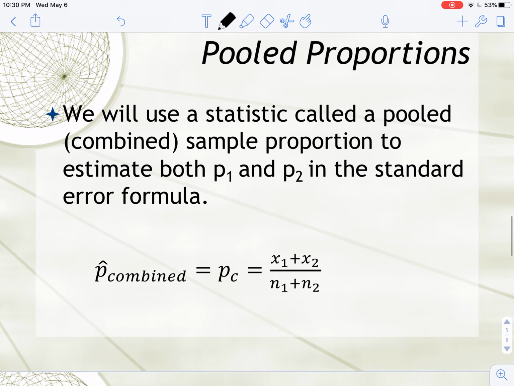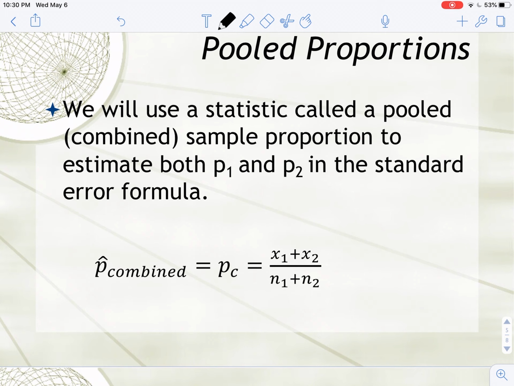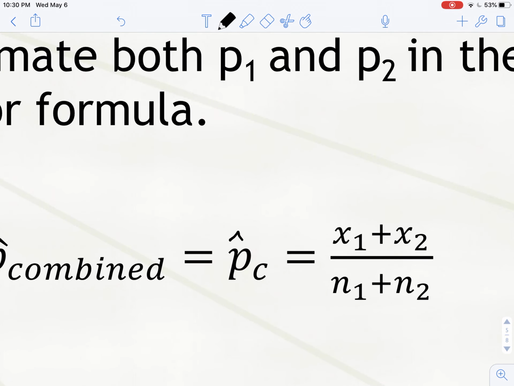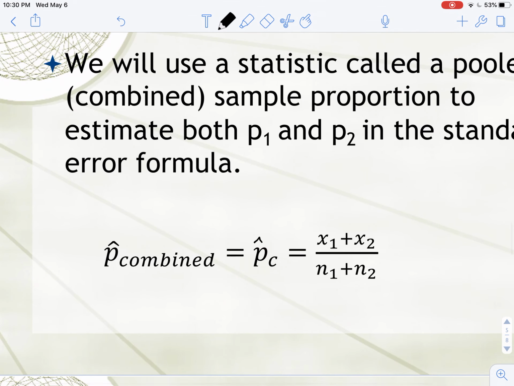So what we're going to do instead is calculate a new thing called a pooled proportion. So we're going to use a statistic called a pooled or a combined sample proportion to estimate both P1 and P2 in the standard error formula. So this often gets notated as P hat sub C, where the C stands for combined.